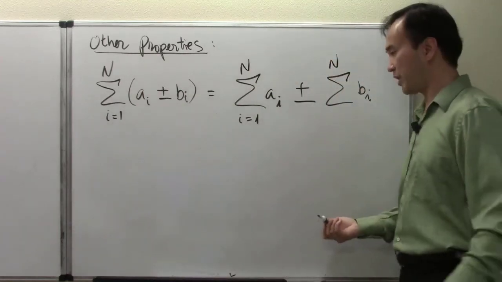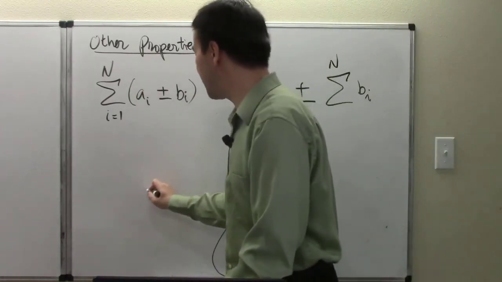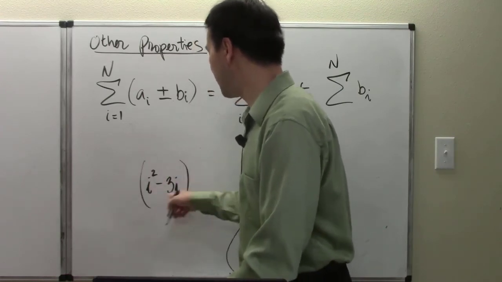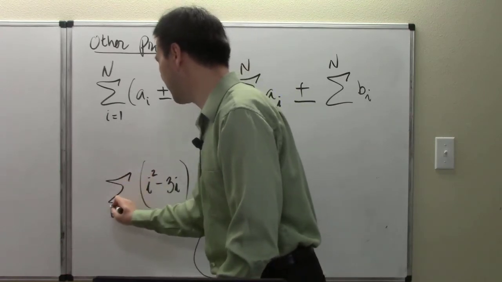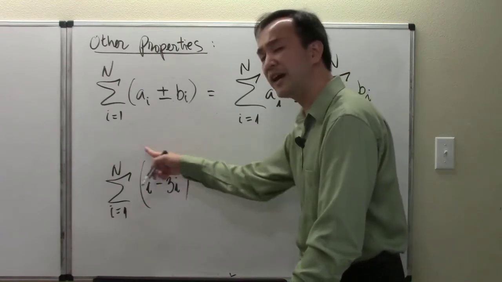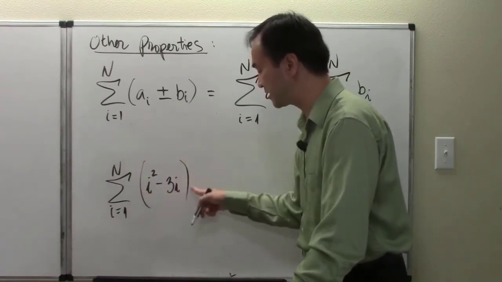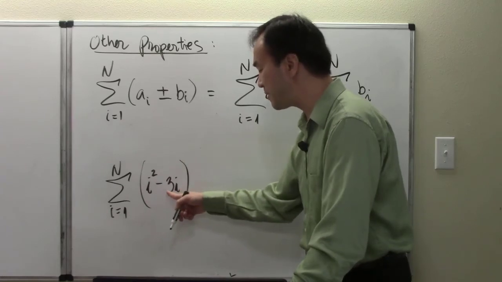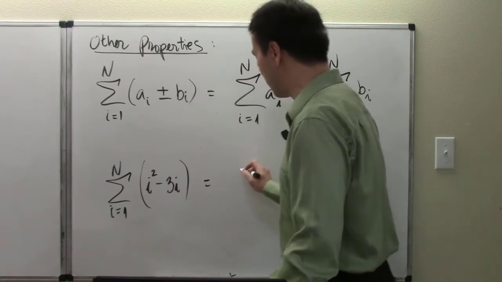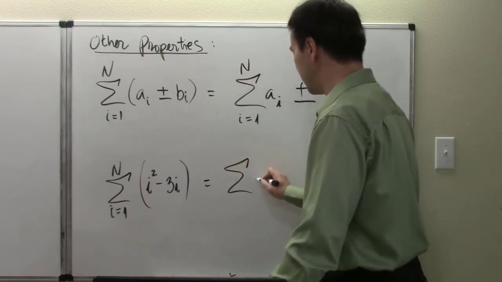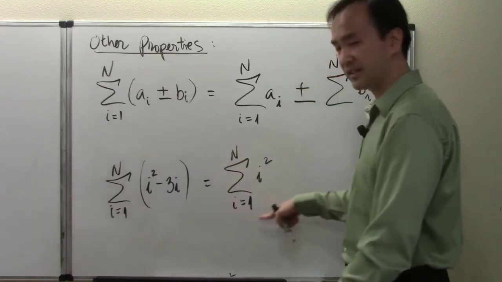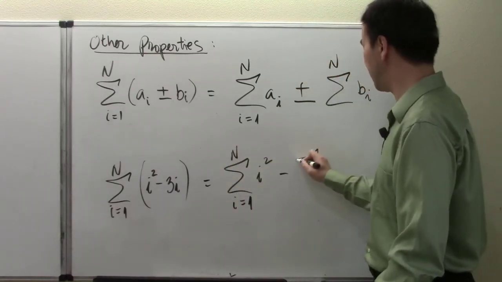And so in that quick demonstration I had earlier, if the formula to determine each term is a_i = i squared minus 3i, for example, and we're given a sum like this to work with, where the value on each term is determined by i squared minus 3i, it's completely dependent on the i. But now we can turn this into the sum of the i squared, so it's easier to recognize that sum, and then minus the sum of the 3i.